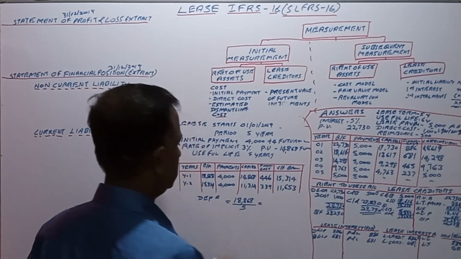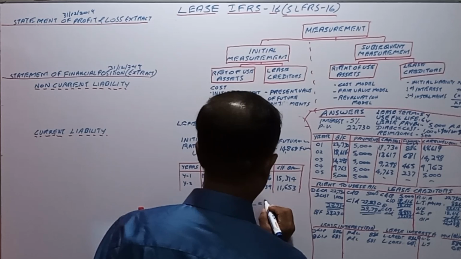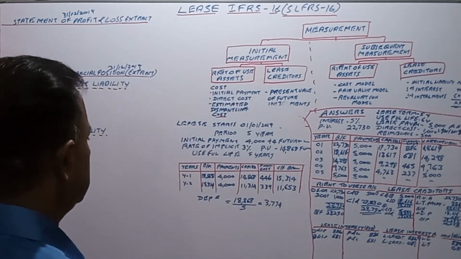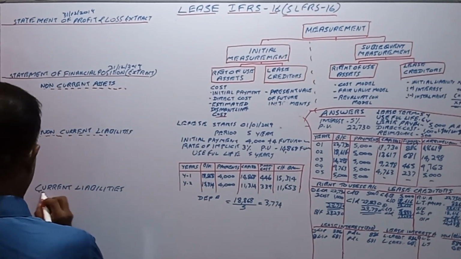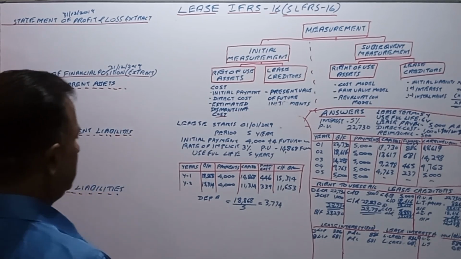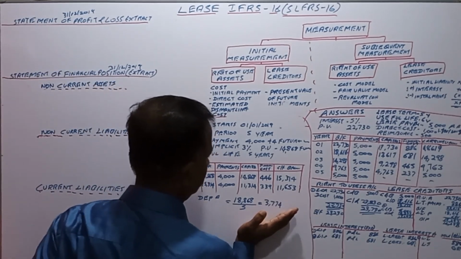The amount is 3,774. Depreciation for the year is 3,774.